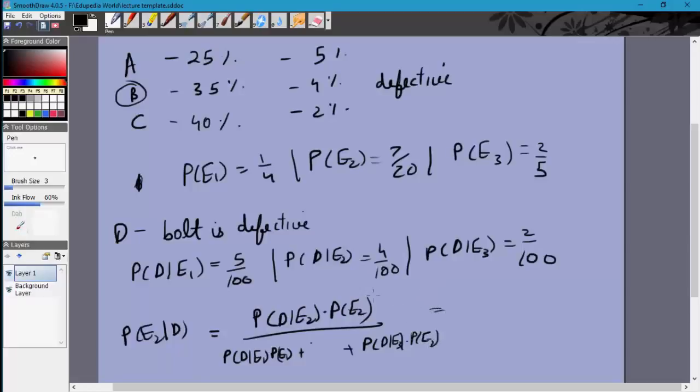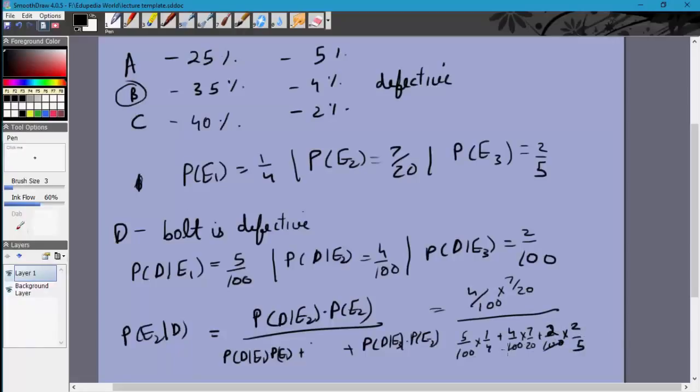So this comes out to be, now I'll just put in the values, 4 by 100 into P of E2 which is 7 by 20 divided by 5 by 100 into 1 by 4 plus 4 by 100 into 7 by 20 plus 2 by 100 into P of E3 which is 2 by 5.